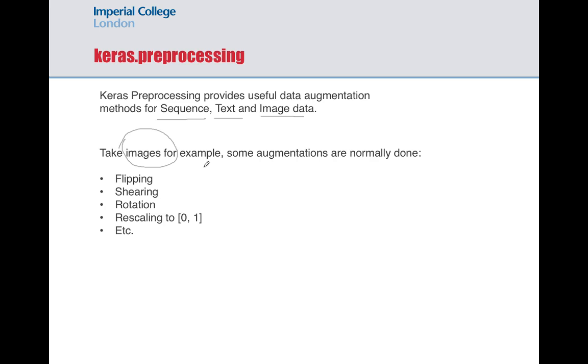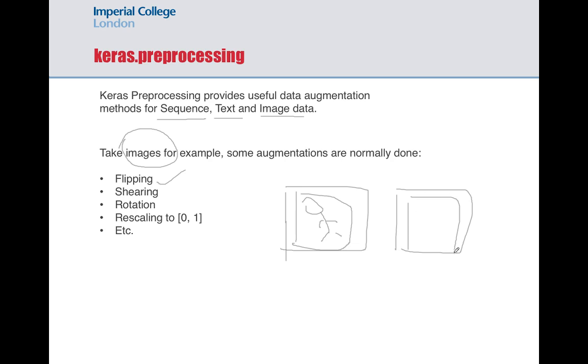So one procedure we'll go through is flipping your images. Sorry about my drawing, let's just say it's a person. If you got Fu Qiang in your picture, and then after flipping, I think it's still Fu Qiang, right?